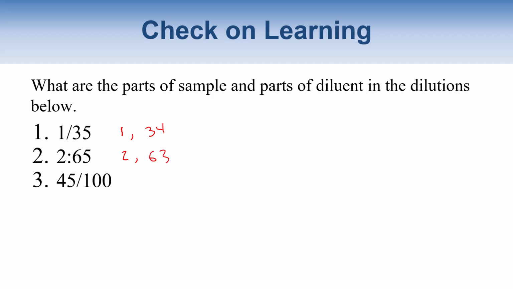So you basically just subtract them to get which part of it is the diluent. This is our sample, and 100 minus 45 is 55. So this is how many parts of the sample and how many parts of the diluent.